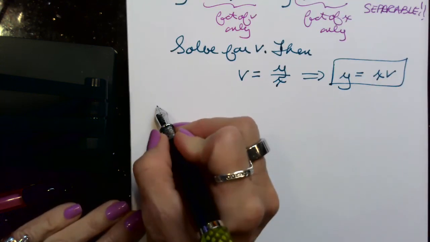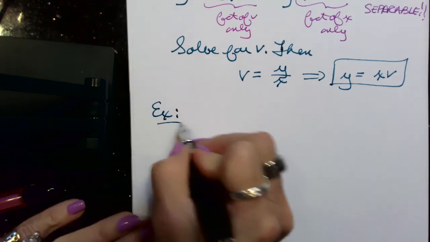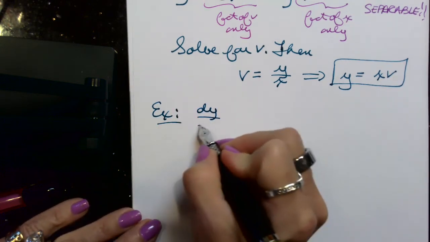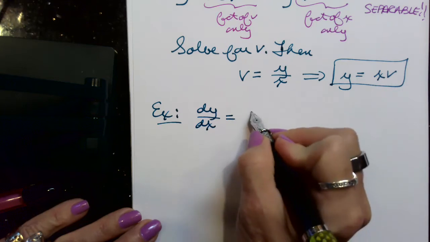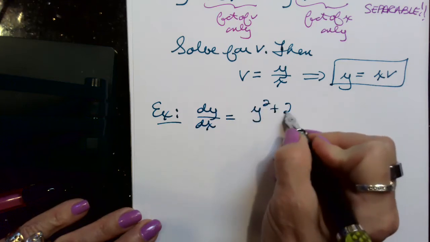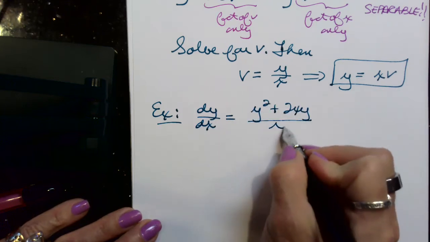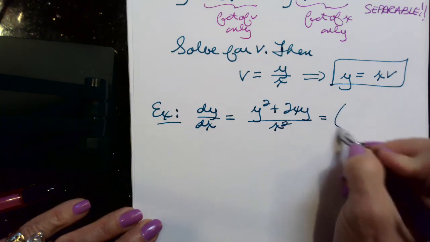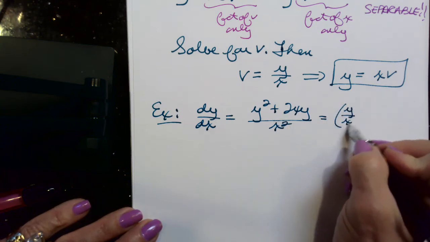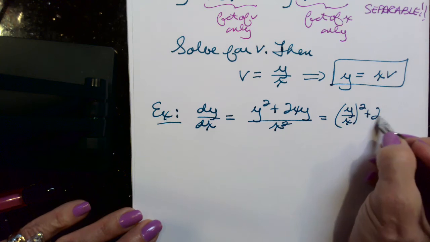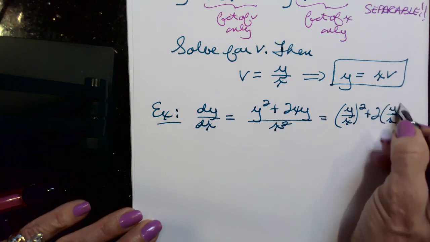Our first example of a homogeneous equation we wrote down was dy/dx equals y squared plus 2xy over x squared, which we said we could write as y over x squared plus 2 times y over x.